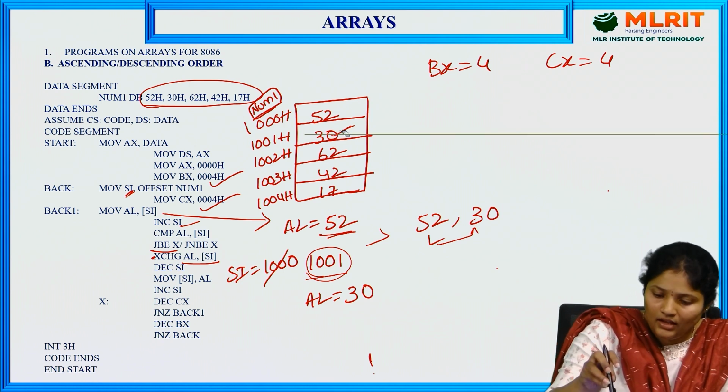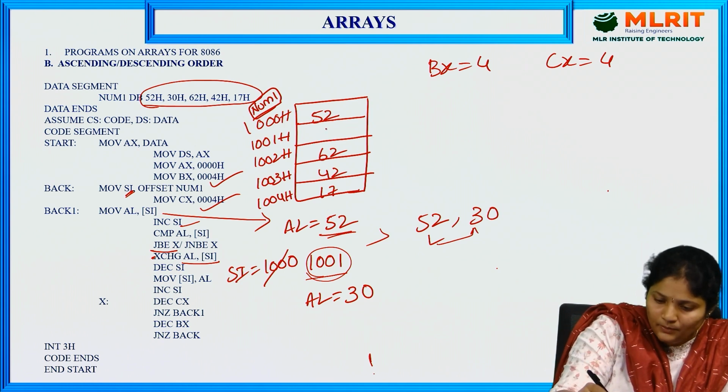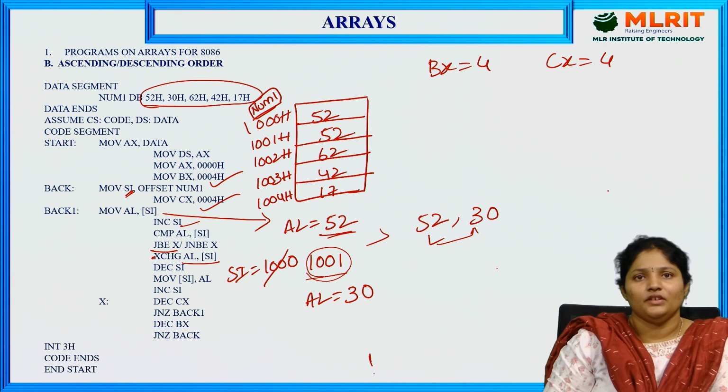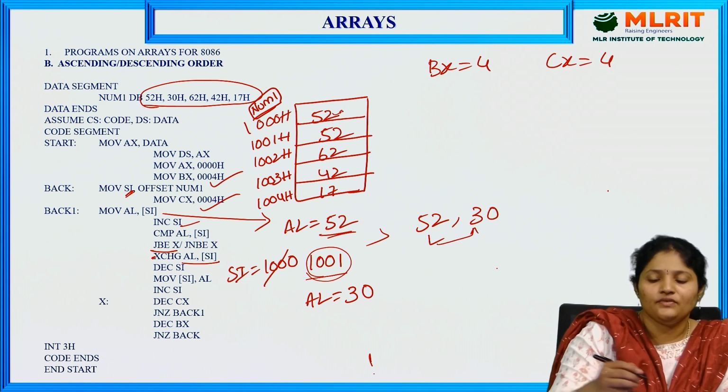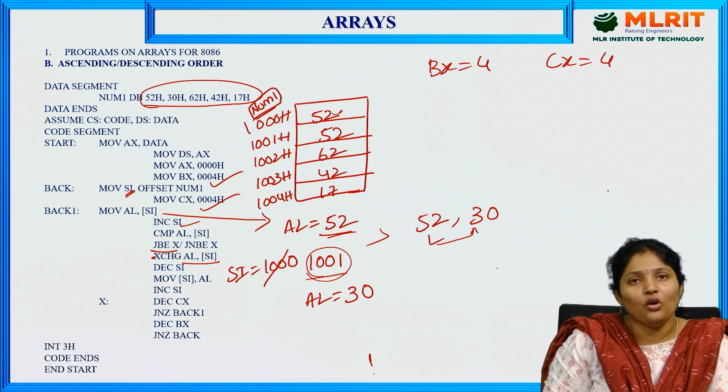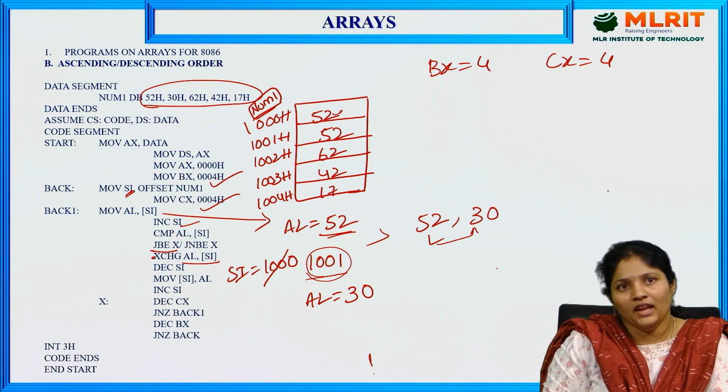So instead of 30, the value there will be 52. Now the SI location holds 52. We cannot directly exchange values in memory, so that's why we are using the AL register.